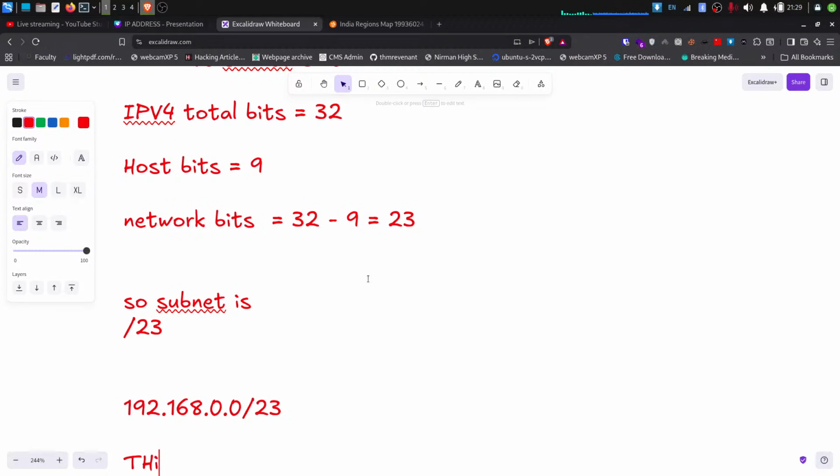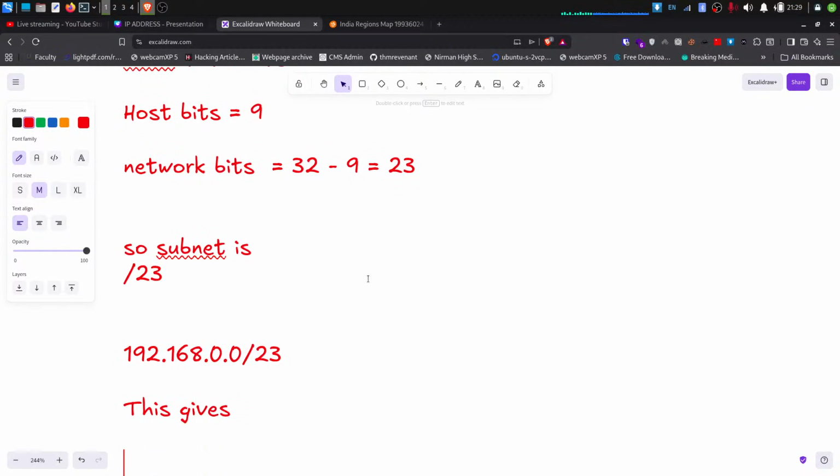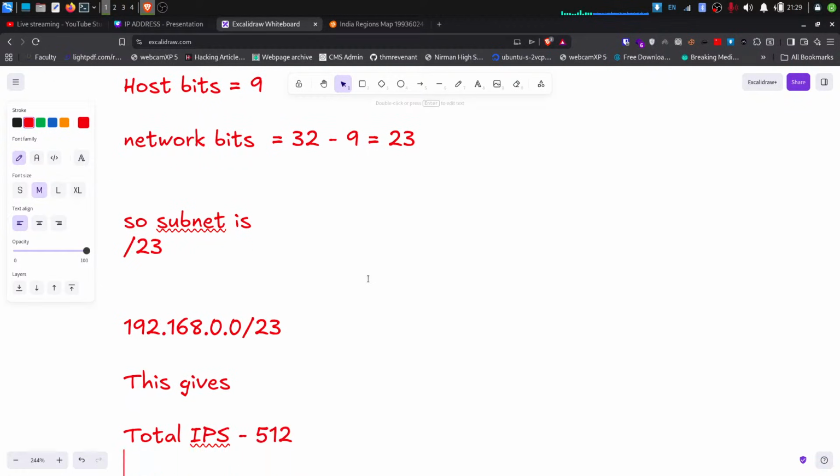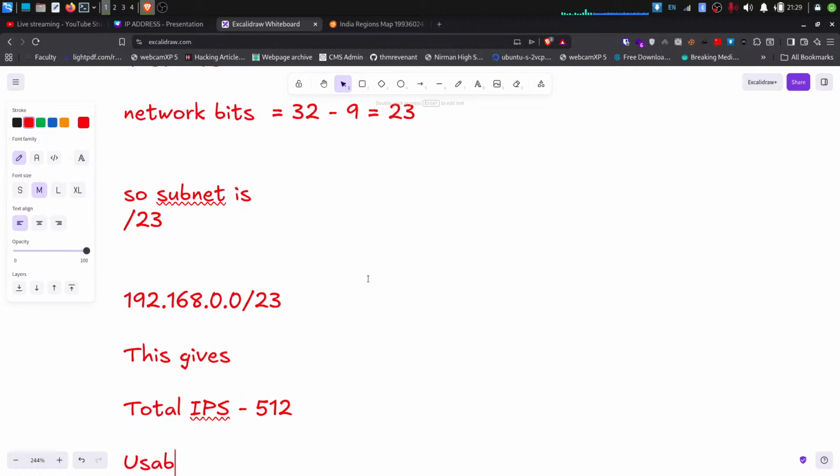Now, what this example gives you, total IPs here would be 512, and usable IPs would be 510.